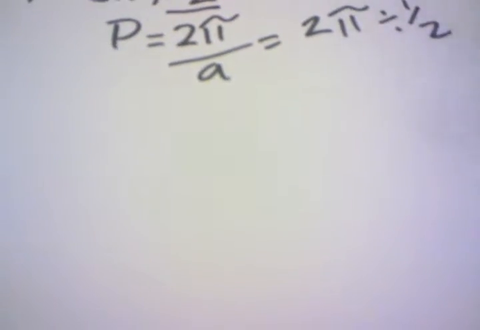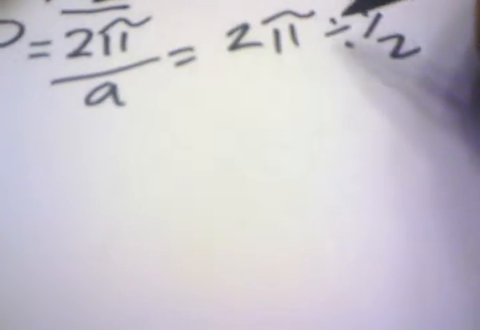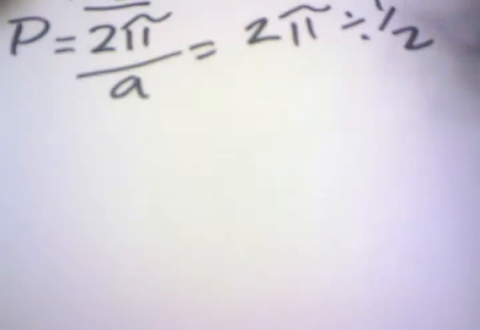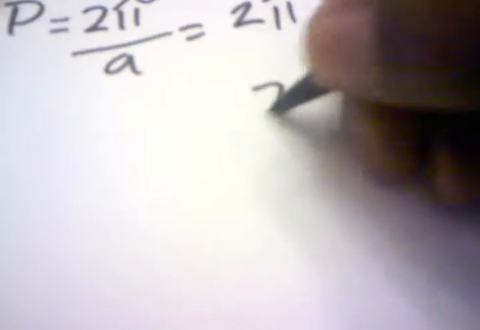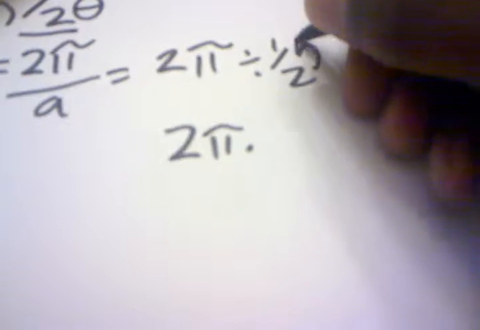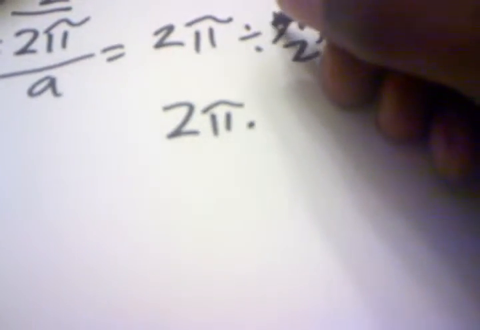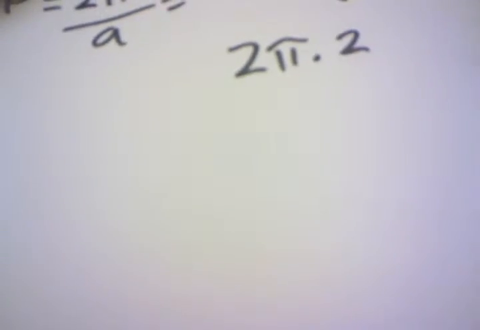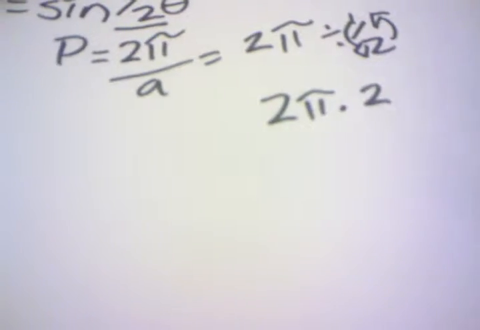So it's going to be 2 pi divided by 1/2. And in division, when we do it like this, you just flip it over and multiply. So 2 pi times, when this is flipped over, it's going to be 2, because 2 over 1 is just 2, so we can leave it right there.